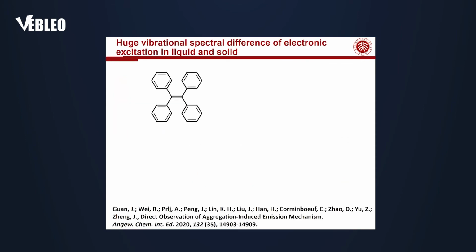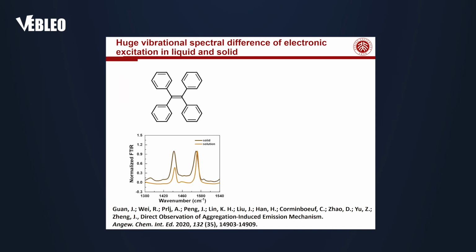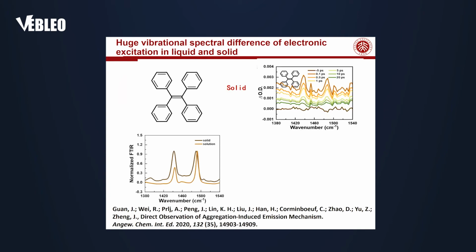Now let's look at this very classical AIE molecule, TPE. Okay, it has very similar FTIR spectra for solid sample and dilute solution, as we can see here. And then after excitation, the TPE solid behaves actually quite similar to the FTIR spectrum, right?